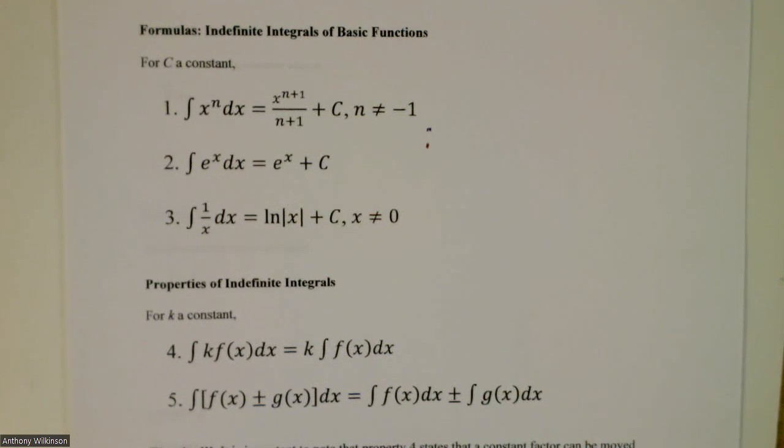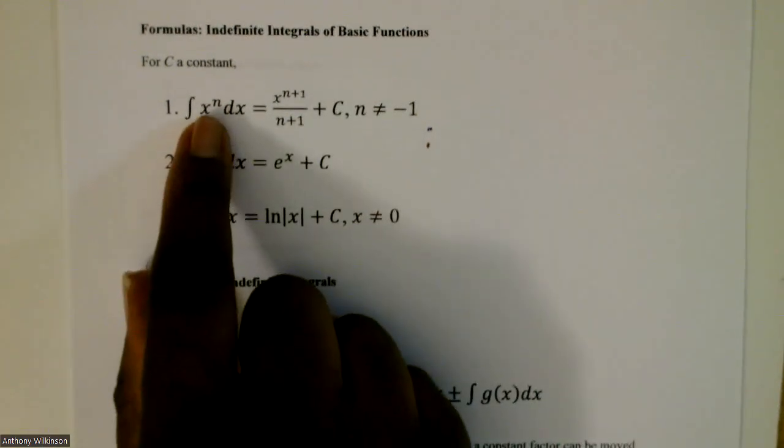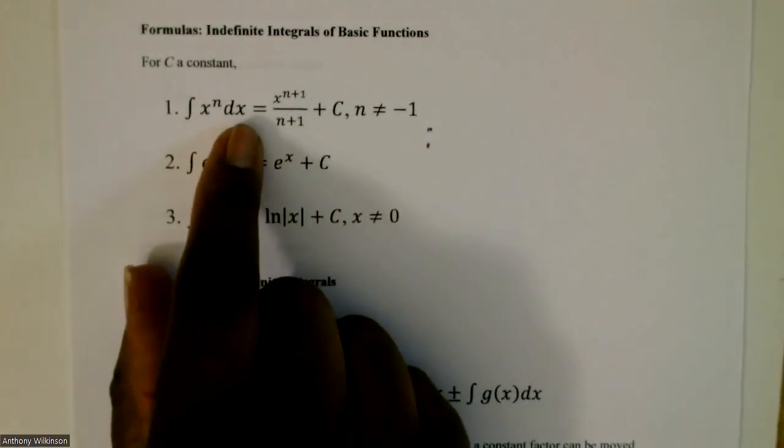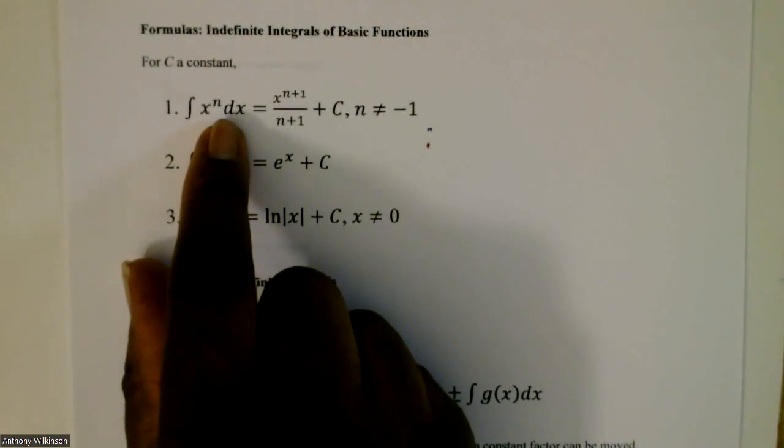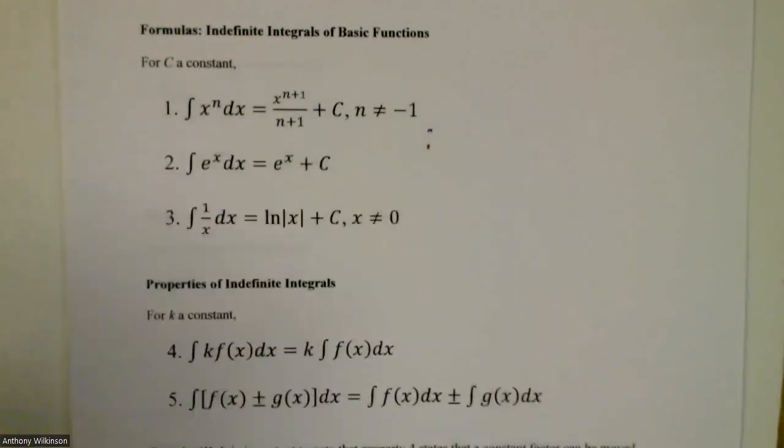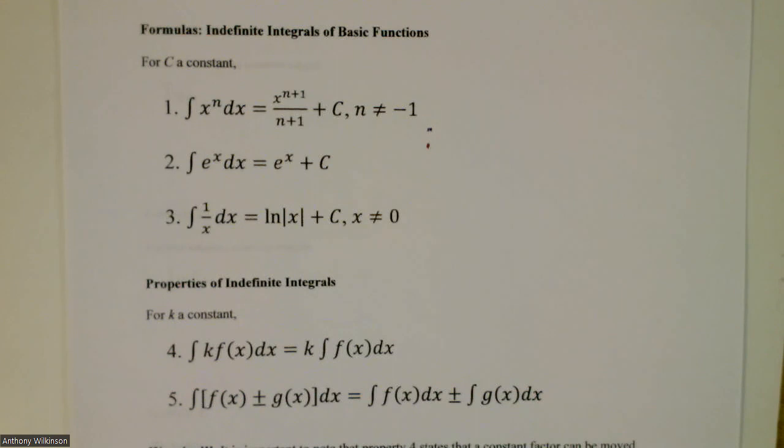All right, now on the next page are some formulas for indefinite integrals of basic functions. For c being a constant, the first one is this: if you take the integral of x to the n dx, this is just the reverse of the power rule. In other words, if you remember the power rule, when you were taking the derivative, you always had to bring the exponent in front of the variable and then copy the variable over to the one less power. Well, here you're going to be doing the inverse of that.